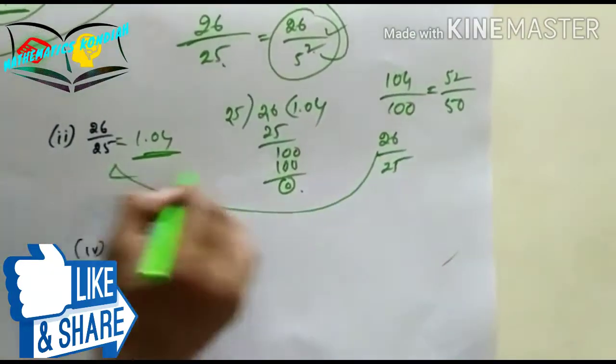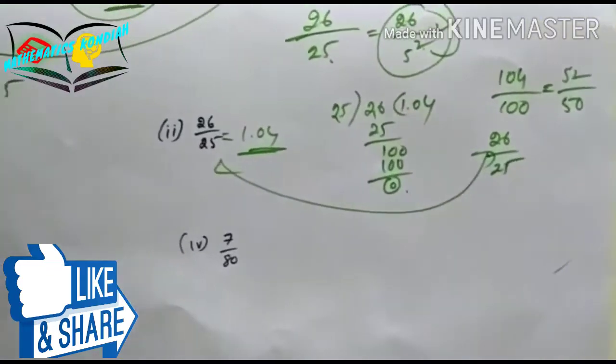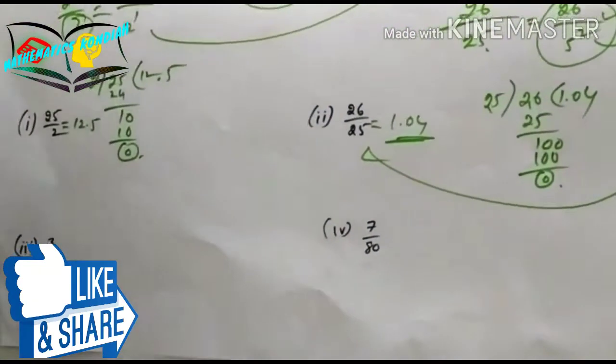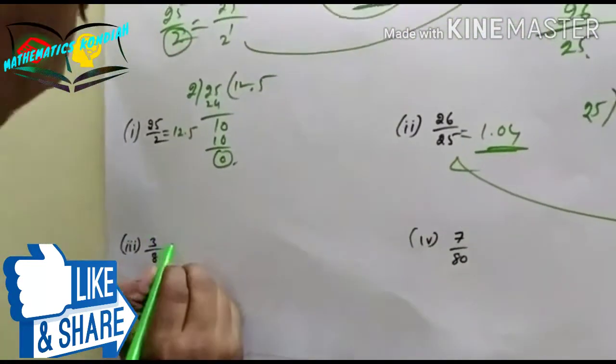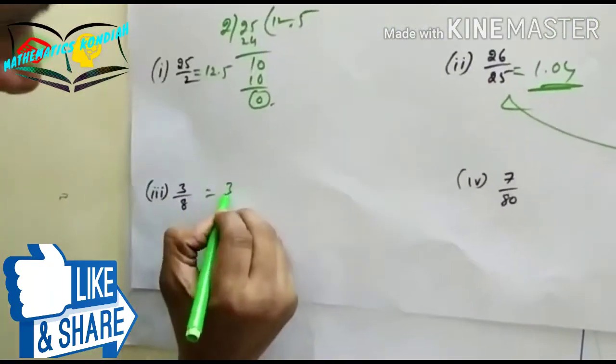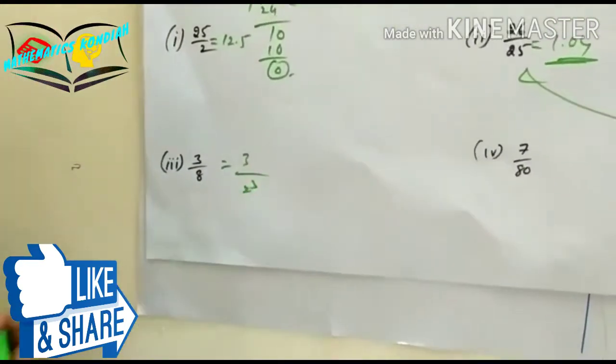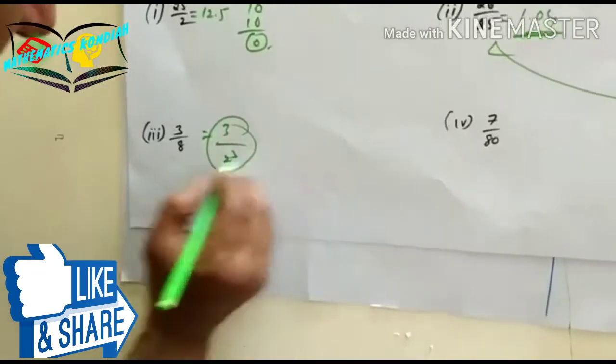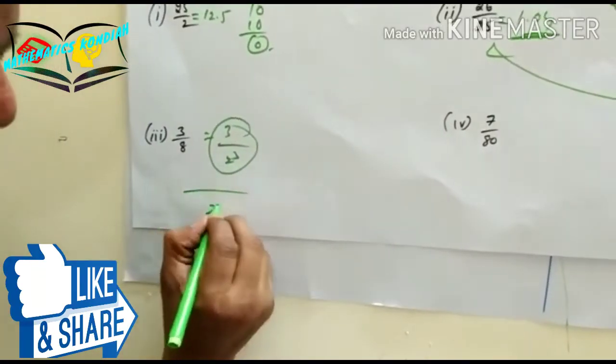Now see 3 by 8. 8 means 2 cubed, so this is of the form divided by 2 power n. Yes or no?